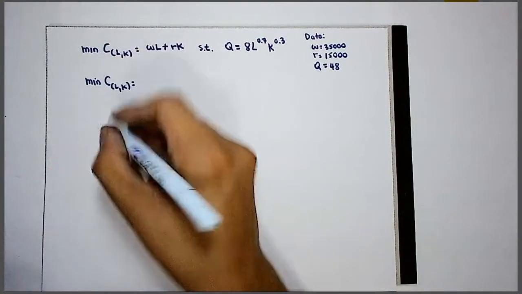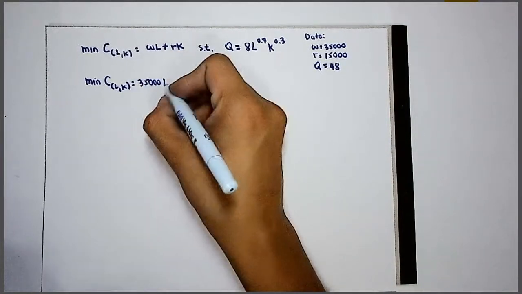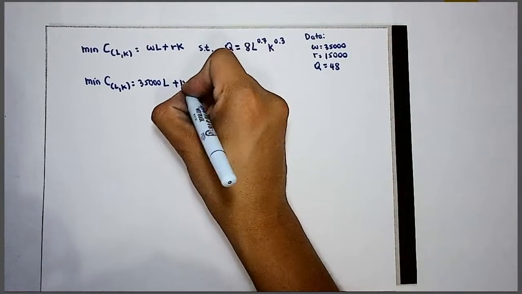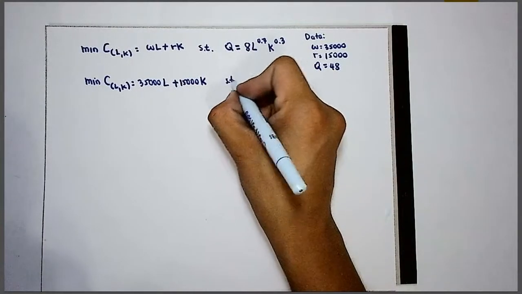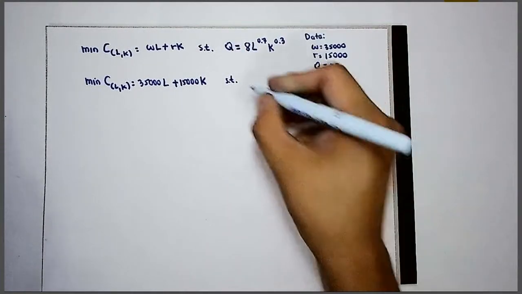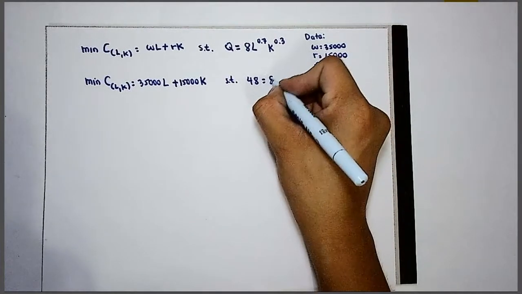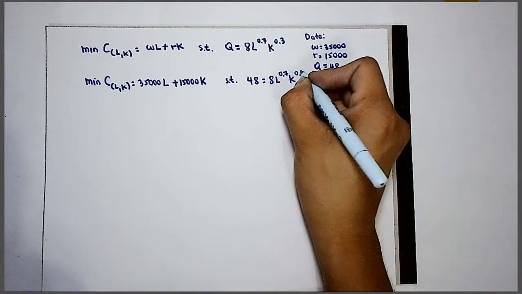So the wage is 35,000 times L plus the rental rate is 15,000 times K, subject to Q, which is 48 equals 8L to the 0.7, K to the 0.3.